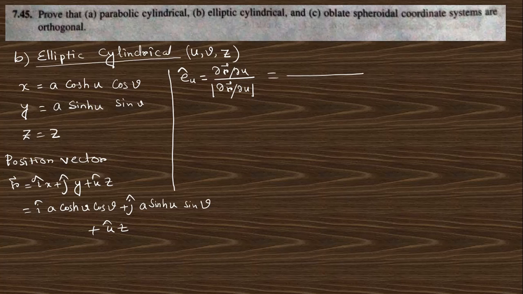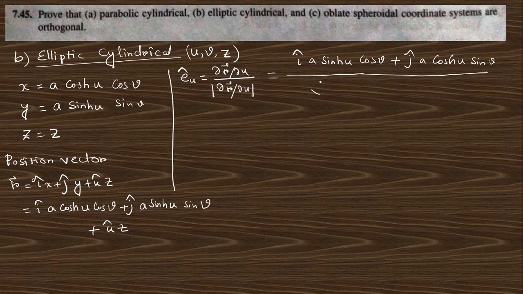If you differentiate with respect to u, this gives you a cosh u derivative, which will be sinh u cos v, and the derivative of sinh u is cosh u, and this will be sin v. If you don't know how this derivative works, I recommend going through the playlist. You can also watch our mathematical class where we prove this derivative, right?